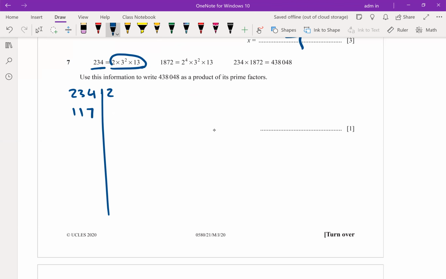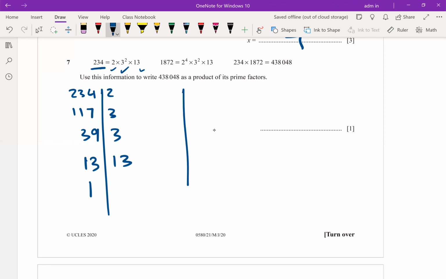It's not divisible by 2 because now it's odd. Divided by 3, 39. 39 divided by 3, 13. 13 divided by 13 is 1. See, it's written as a product of prime factors: 2 times 3 squared times 13.